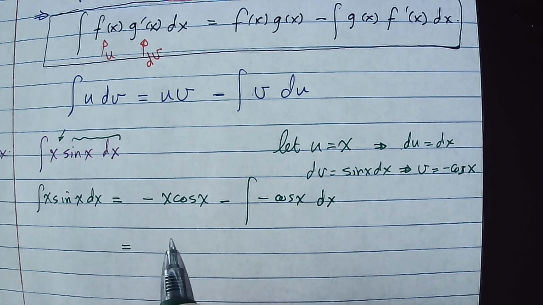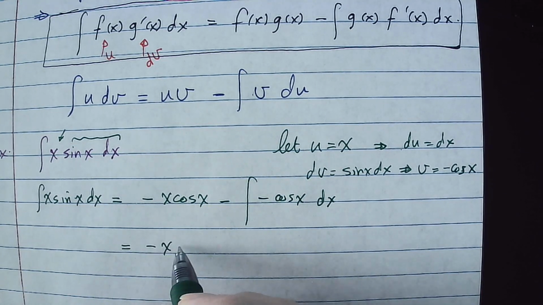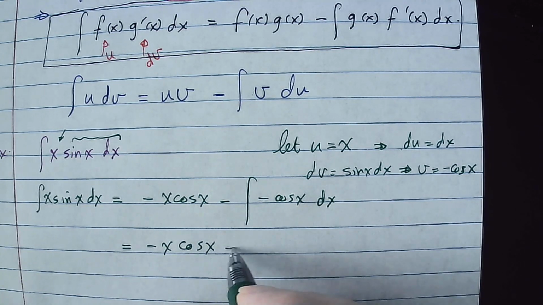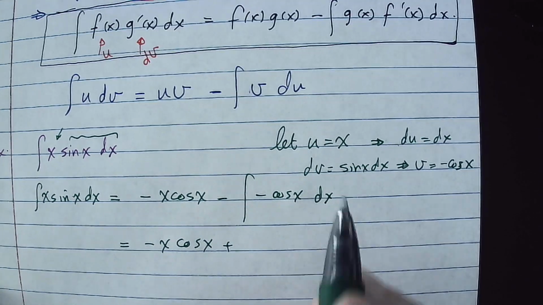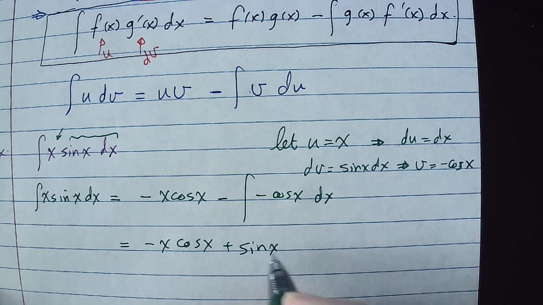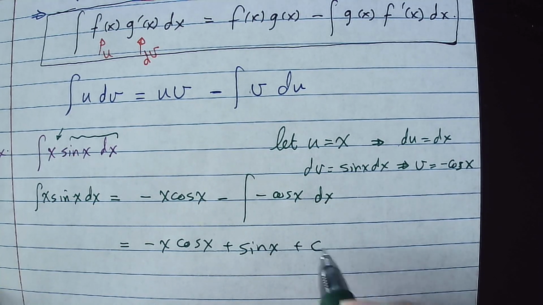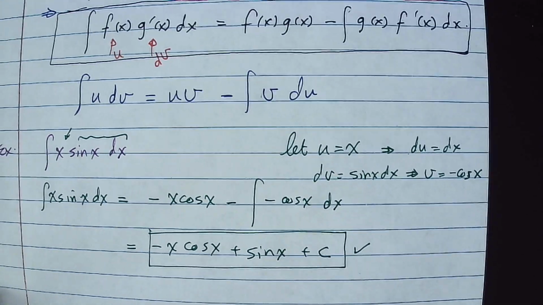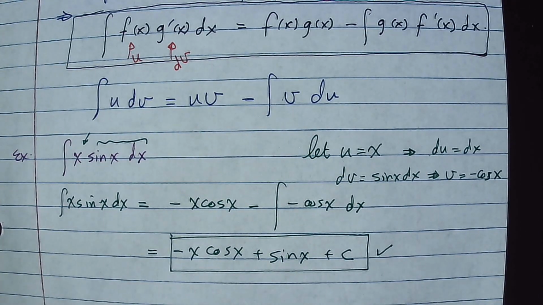So cleaning this up gives me minus x cosine x, negative minus is plus. Now the integral of the cosine is sine x plus c. Done. This is my integral.